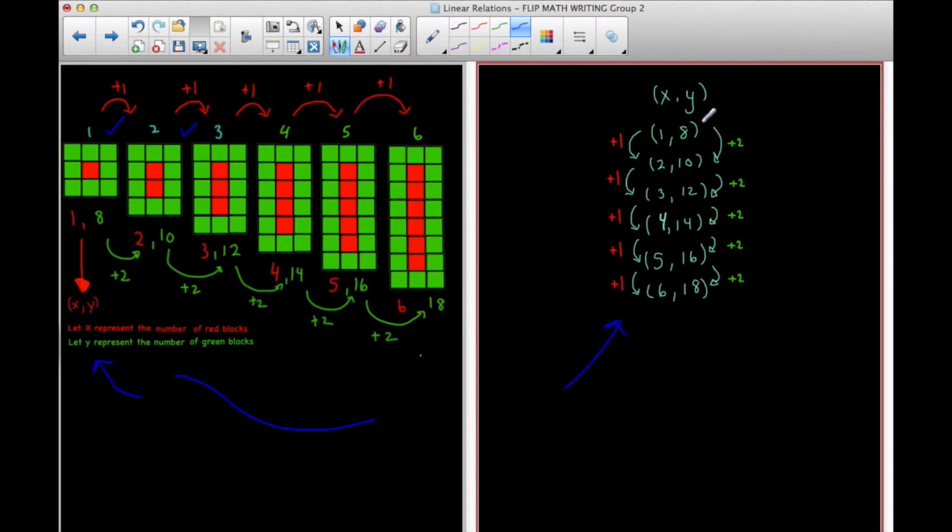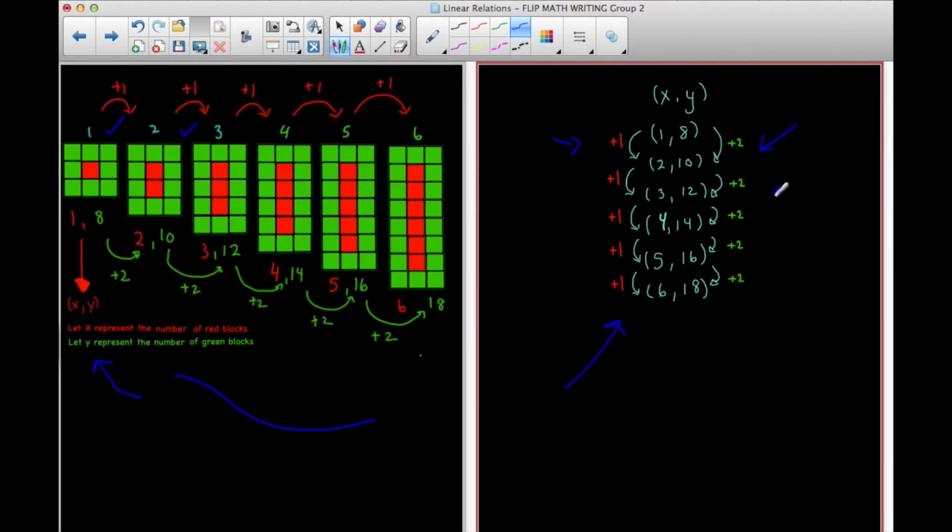As we added each shape to the sequence, we added 1 red block and 1 green block to each shape in the sequence as we progressed. Notice that we added the same numbers each time. X always increased by 1 and y always increased by 2.